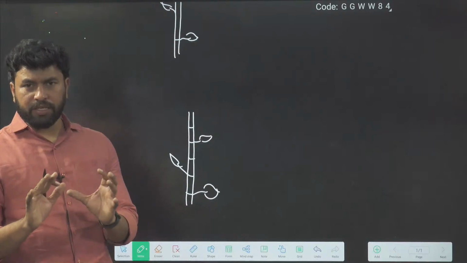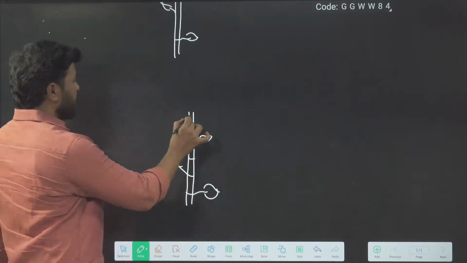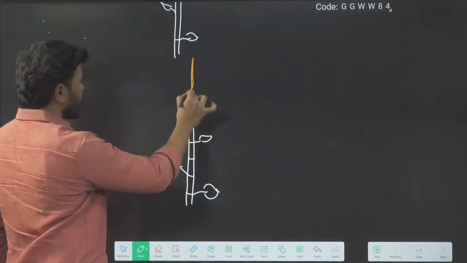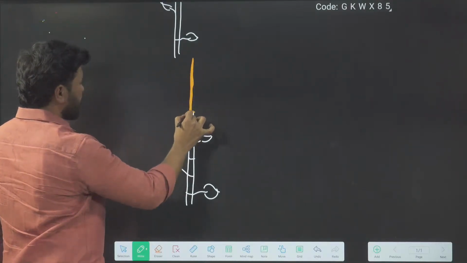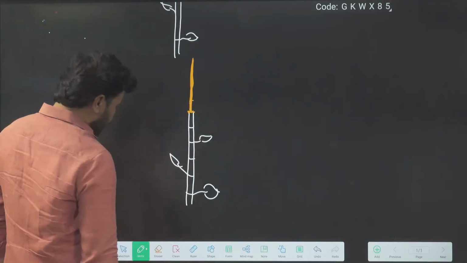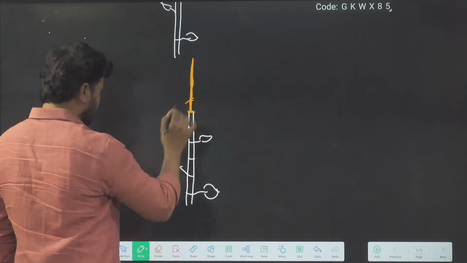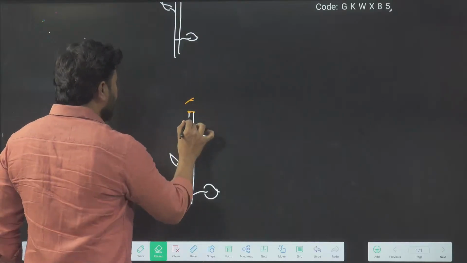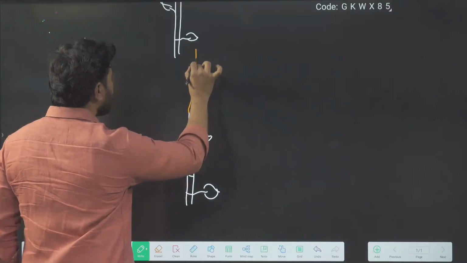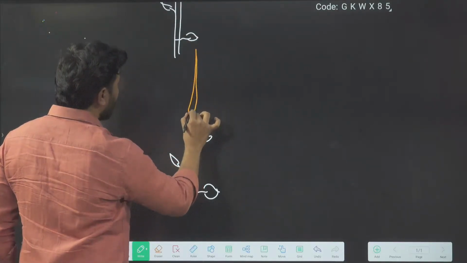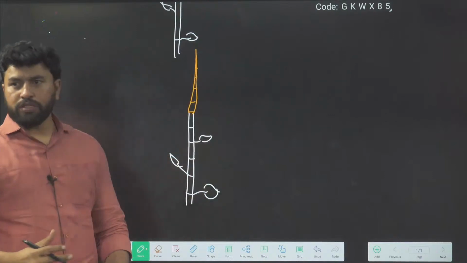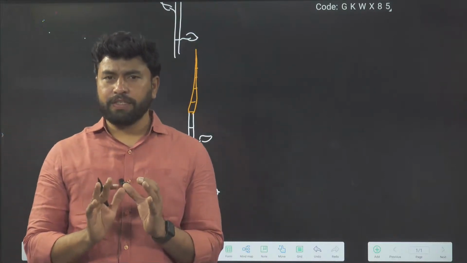In either direction it can produce. Over there, the terminal bud started to elongate. This is the stem which started to elongate. Imagine when there is an elongation of the stem, the nature of the stem is not going to change. What do you mean by the nature of the stem? If you want to decide there is a stem, it must contain nodes and internodes. That is a character of a stem.